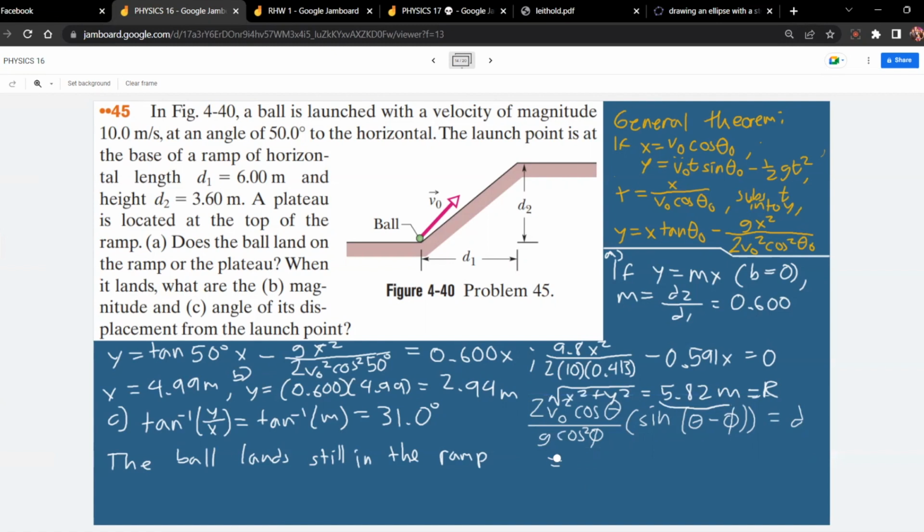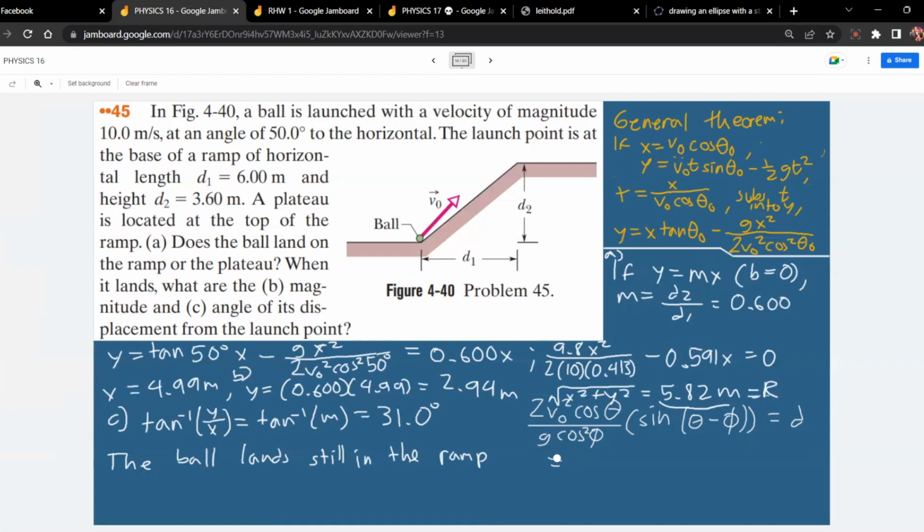Tapos, tangent inverse of 3.6 divided by 6, that's about 30.96 degrees.